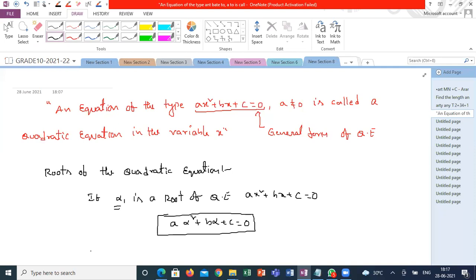Any number which satisfies the quadratic equation after substituting in the place of x, if the equation is satisfied for that value, that number is called a root of the quadratic equation. It might be a fraction, rational, irrational, anything, but it has to be a real number.